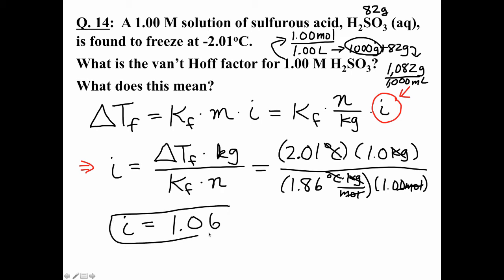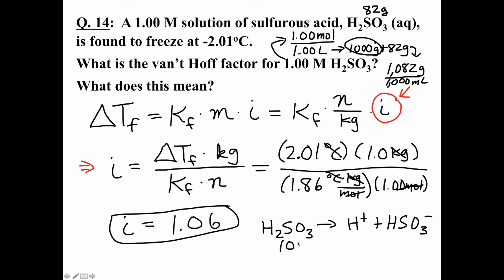Now note what that means: the H2SO3, which dissociates primarily into H+ and HSO3-, and as we'll see later, the HSO3- can further dissociate into H+ and SO3 2-. Well, it only dissociates nothing like to i equals 2, and what this would mean is it only dissociates about 6%.